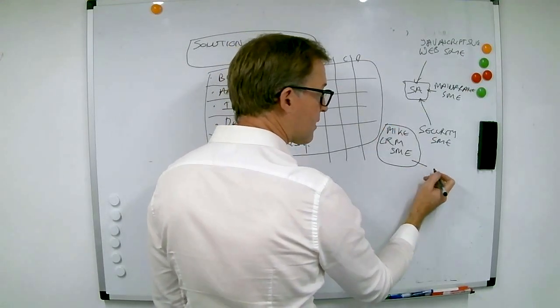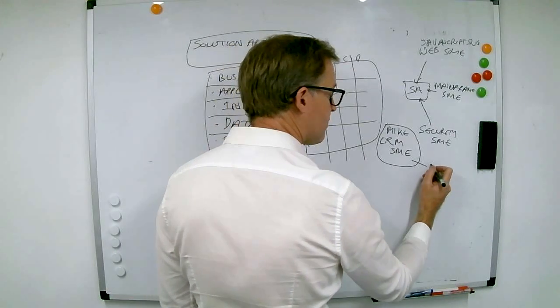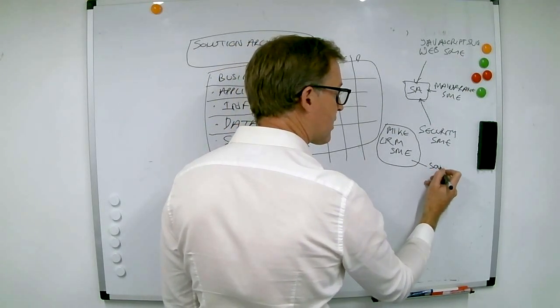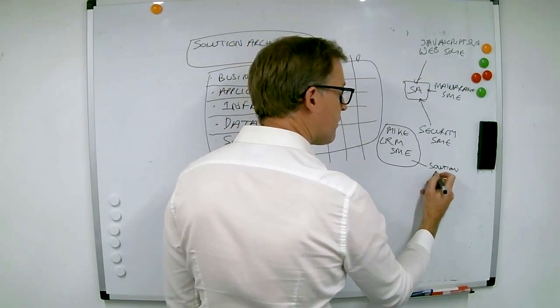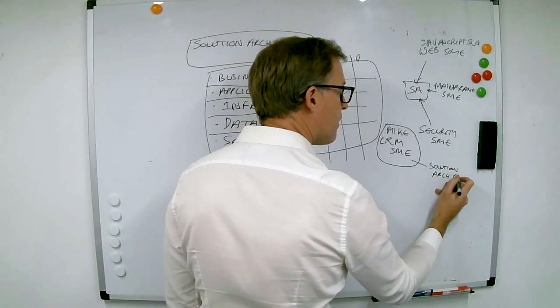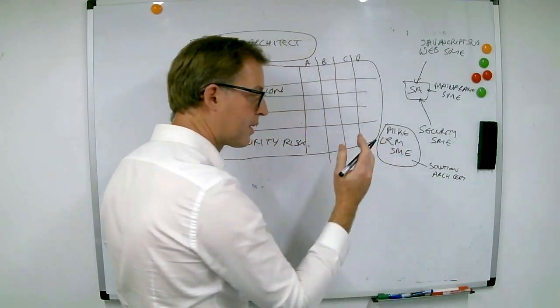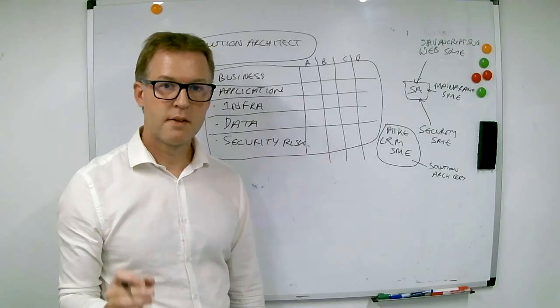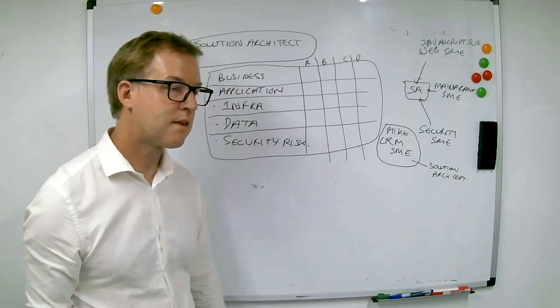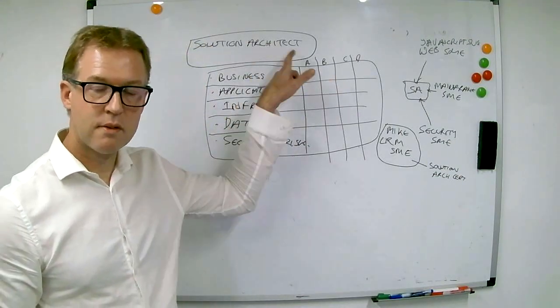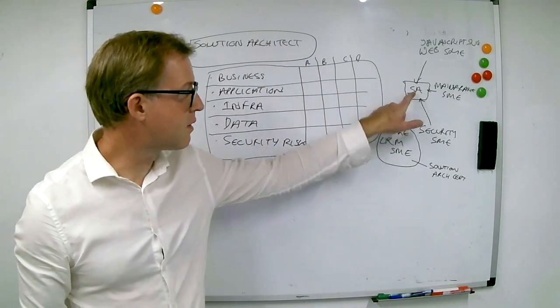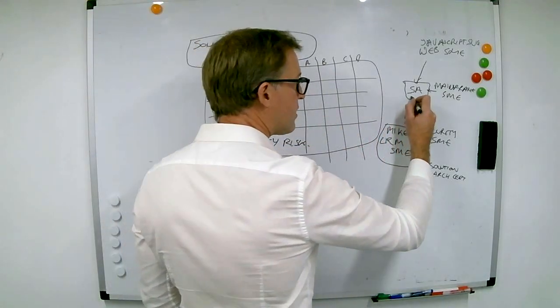Now, the Mike CRM SME may have the solution architecture certification provided by Mike CRM, but if they do not have the expertise and knowledge across all these different areas, then they're not the solution architecture role, they're just another SME.